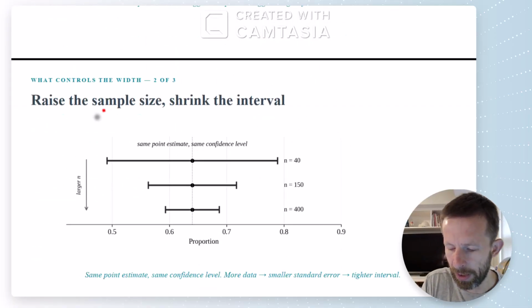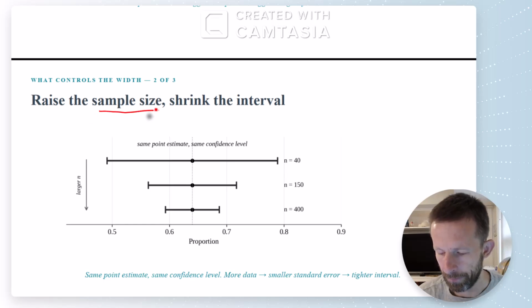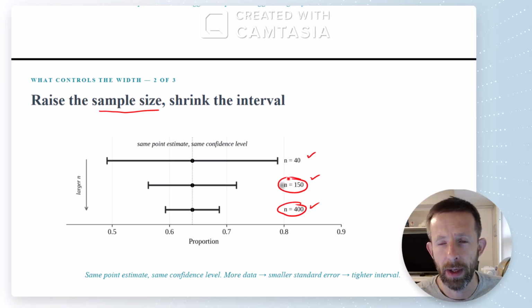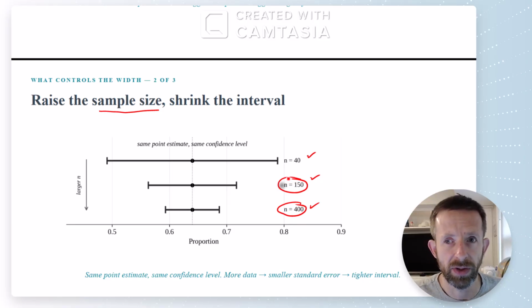The other way to talk about the size of the interval is the bigger the sample size, the smaller the confidence interval. So as my sample size increases, the sample statistic is more likely to be closer to the population parameter.